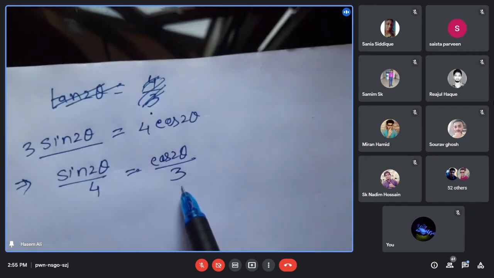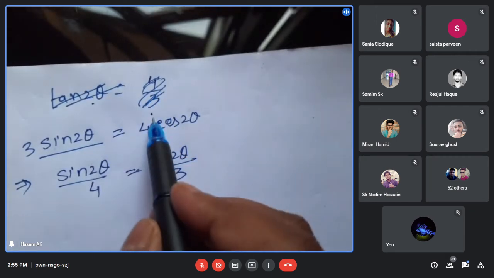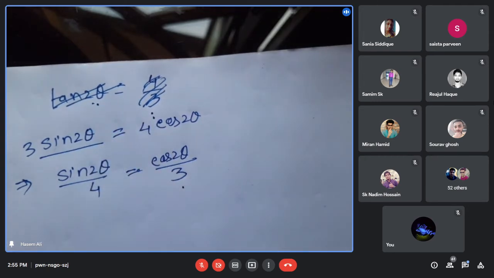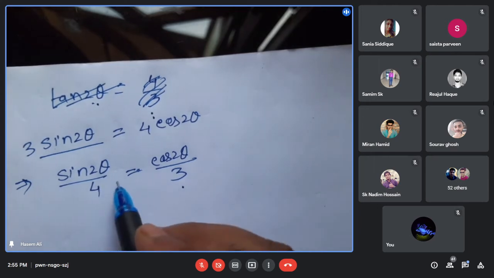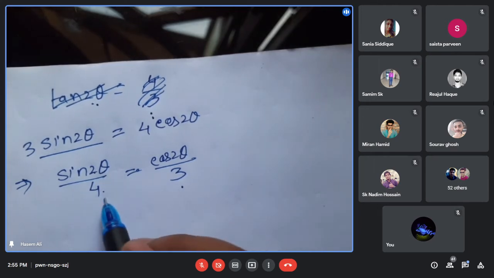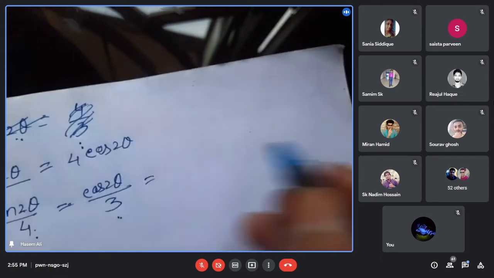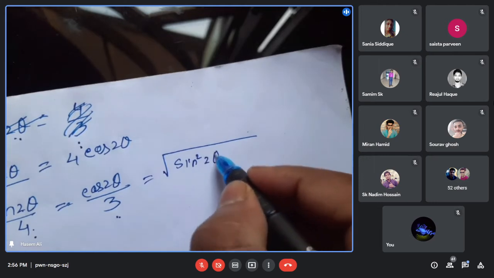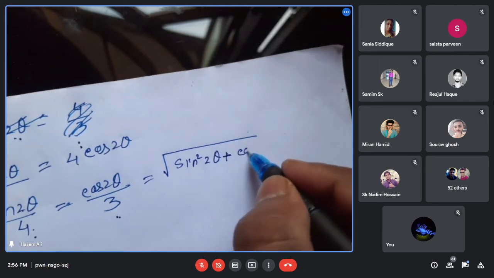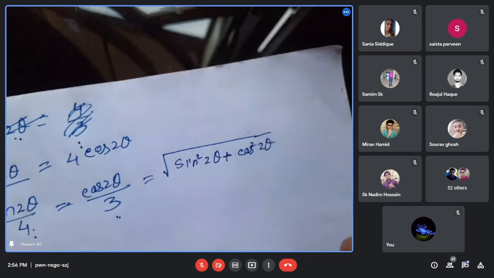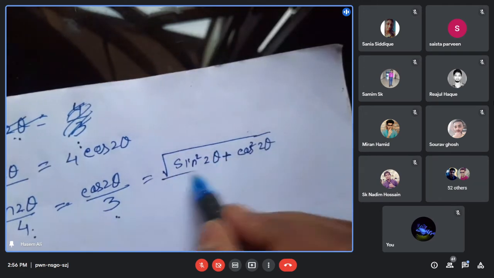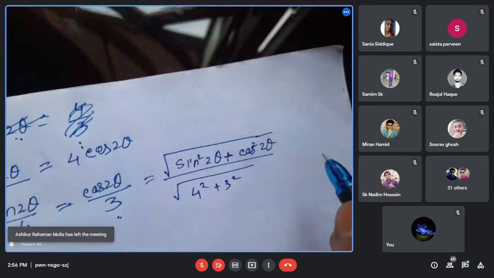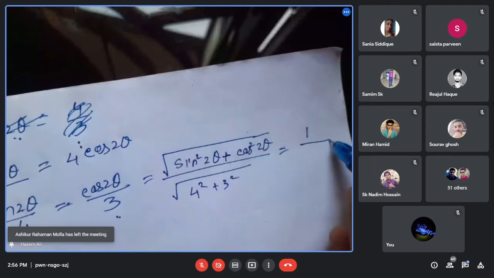This is a new process, because here tan 2 theta is 4 by 3, so from that to find theta is difficult. So from sin 2 theta by 4 equals to cos 2 theta by 3, this is equals to, we can write, root over of sin square 2 theta plus cos square 2 theta divided by root over of 4 square plus 3 square, and this is equals to 1 by 5.